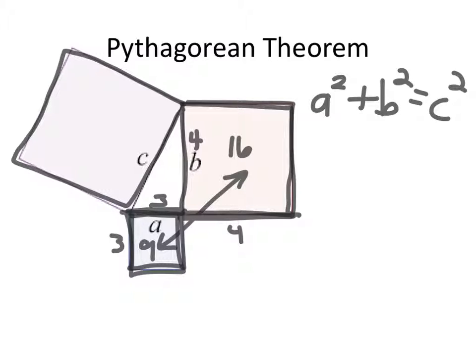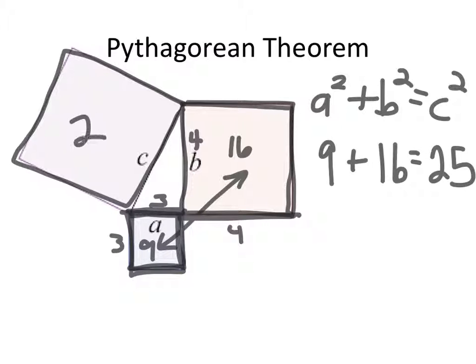So if we go back to our formula and we think about the area of this plus the area of this, a squared is 9, b squared is 16, that has to equal c squared. That means the area of the square made from side C is 25, which means that C itself would have to be 5, because 5 times 5 gives us 25.